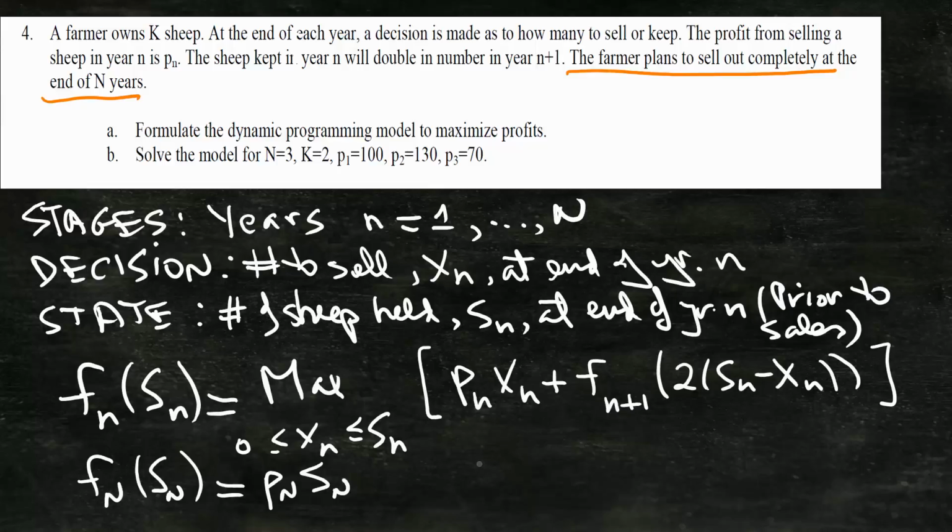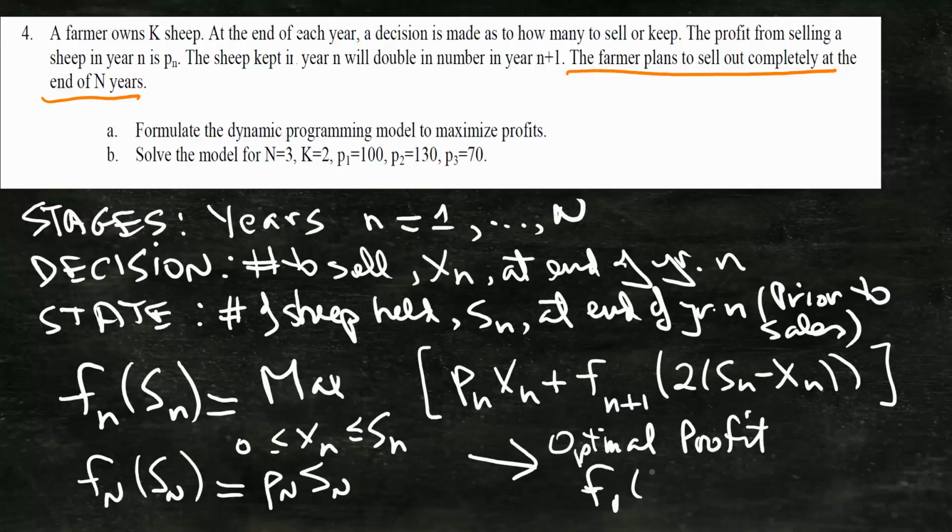This will all lead to the optimal profit, which will be F1, once I go backwards all the way from N to 1, and at the beginning I will have K sheep. So this will give me the optimal profit as a result of implementing this Bellman equation.